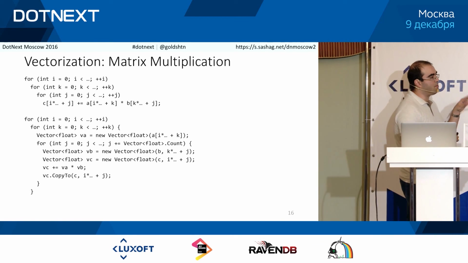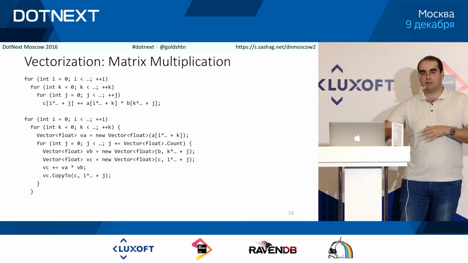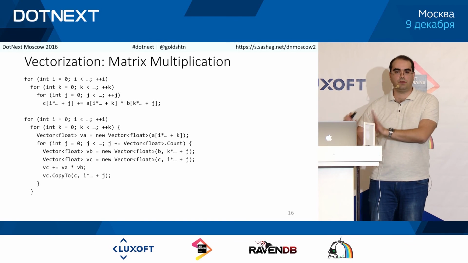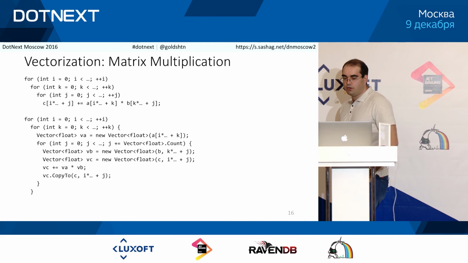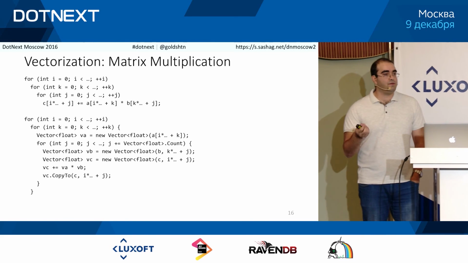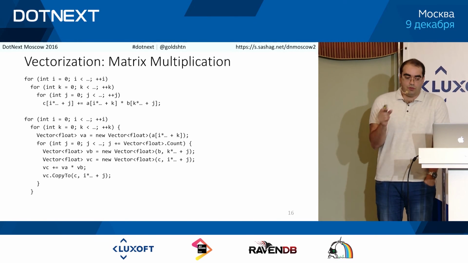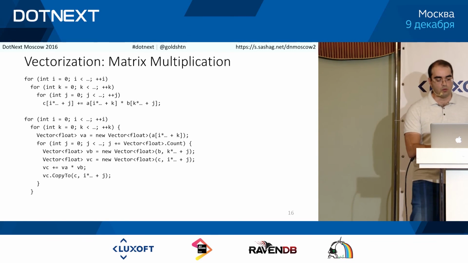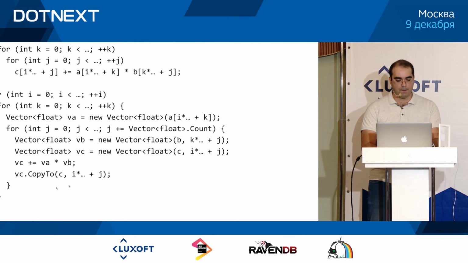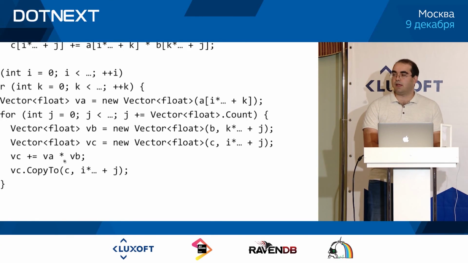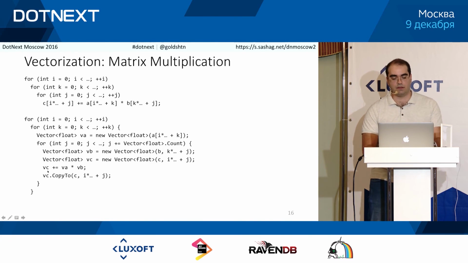And so the version on the bottom, and I'm not going to spend time explaining the API, but this is part of the .NET framework now, is using vector operations to do the core of that little loop. So this part over here is multiplying 4 or 8 or 16 elements together and adding to 4, 8, or 16 elements at a time.